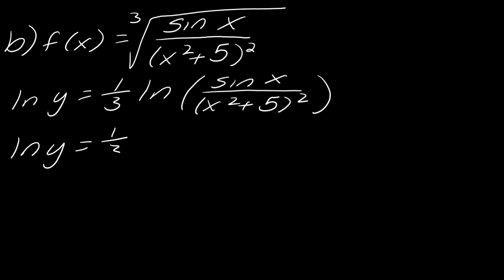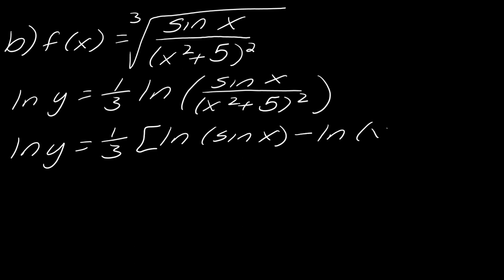So this is 1/3, and then this is the natural log of sine of x minus the natural log of x squared plus 5 squared. And now you can see that I can bring the 2 out in front. So instead of rewriting the whole line, let me just redo this part here. I'm going to rewrite this so that the 2 goes here, and then I've got the natural log of x squared plus 5.